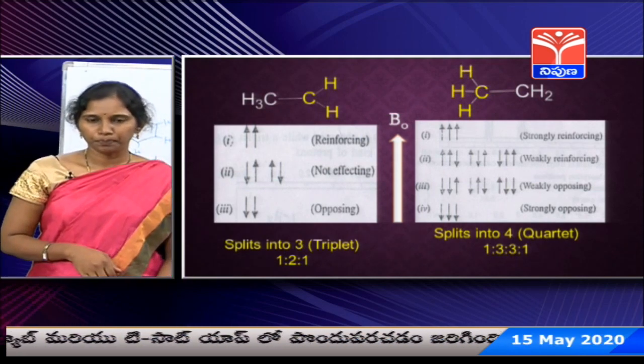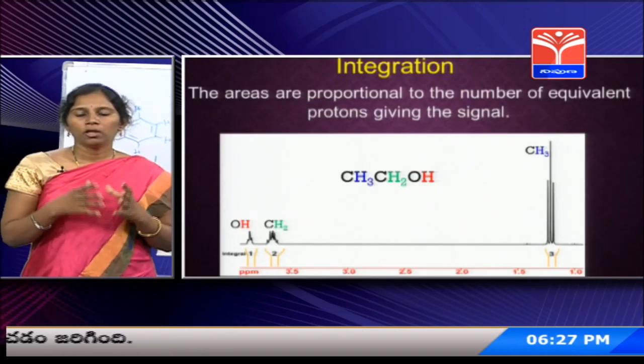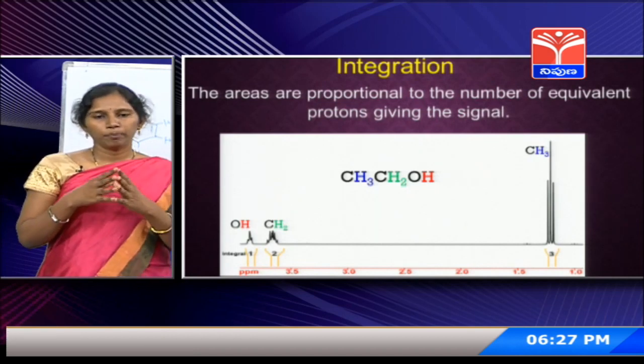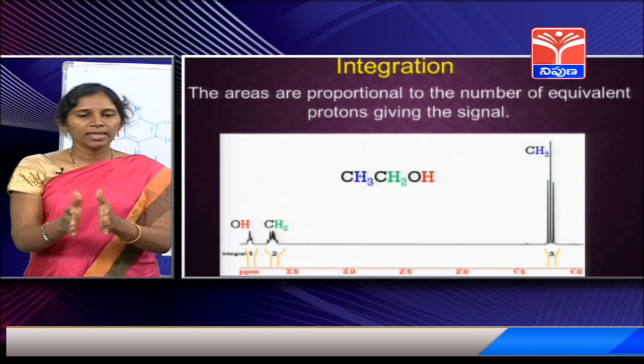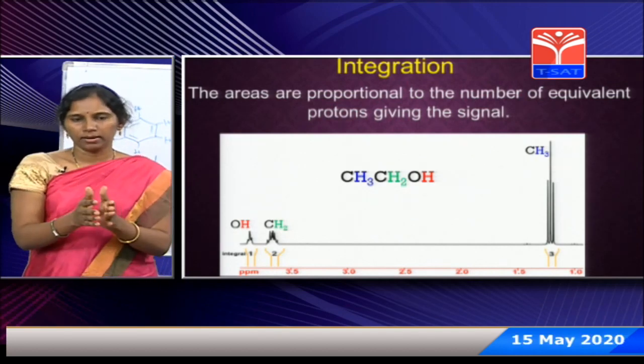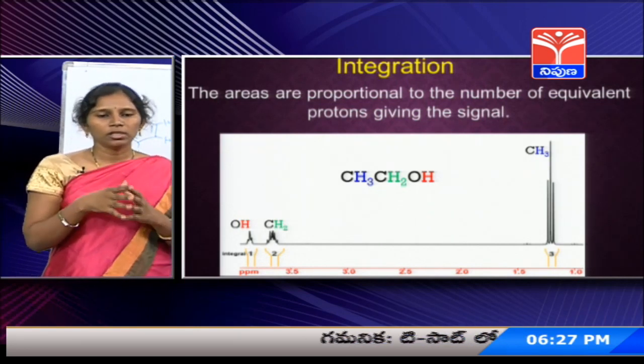And another parameter in proton NMR spectroscopy is that it is possible to measure the area of the peak. Here if you see the example of ethanol, 3 signals we got, right?